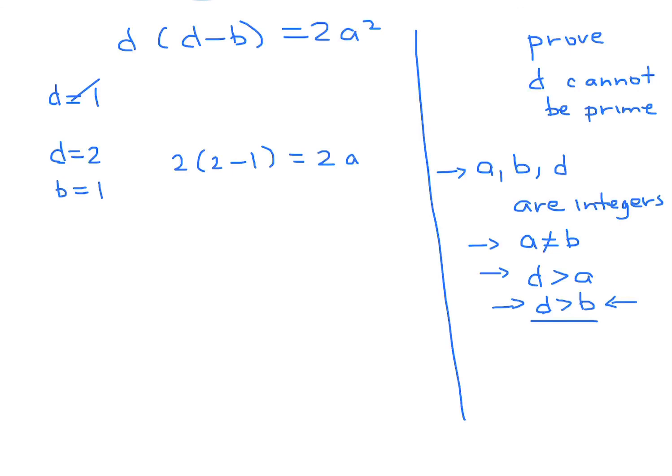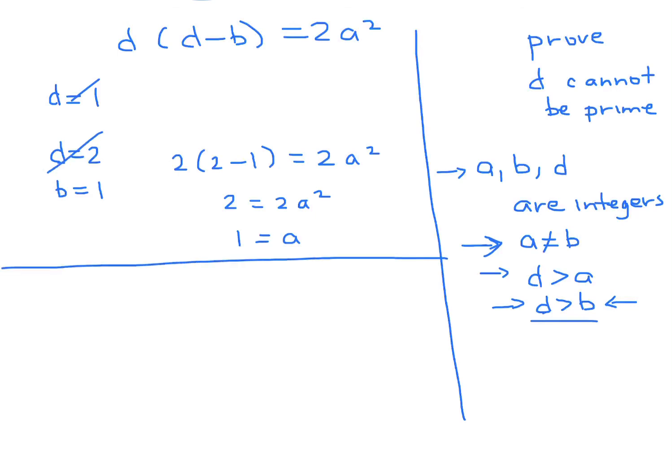So I put that in there, 2 is equal to 2A squared, and therefore A is equal to 1. Now initially that seems good, but it's not good because this fundamental property is violated. A cannot be the same as B. So this is no good. So that means D has to be greater than or equal to 3. All right? That much I will agree with.